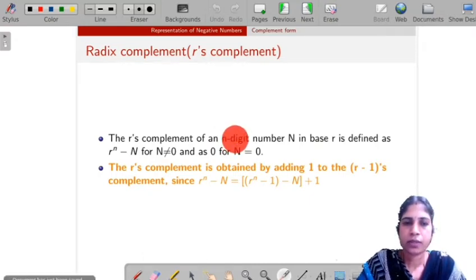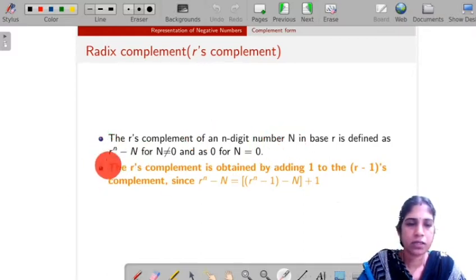So the radix complement of that number N is R raised to n minus N, where R is the base of the number and n is the number of digits in the given number N, for N not equal to 0. If the given number N is equal to 0, then R's complement or radix complement is 0 itself.